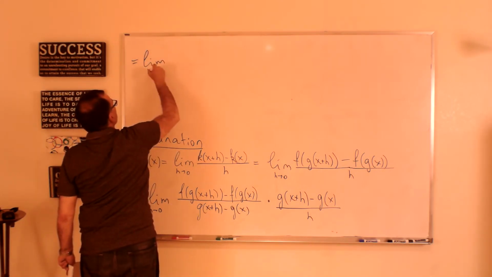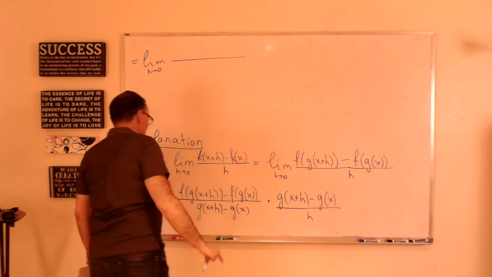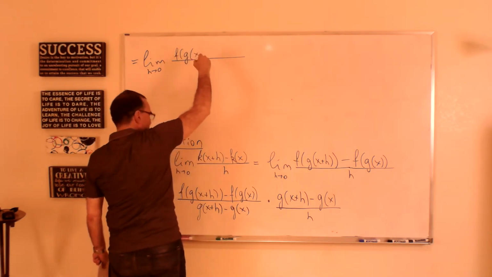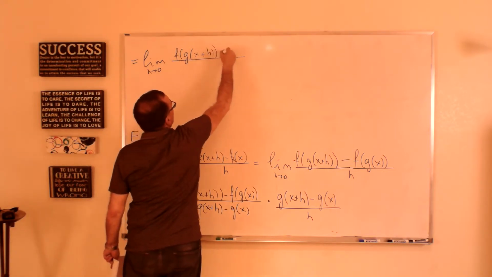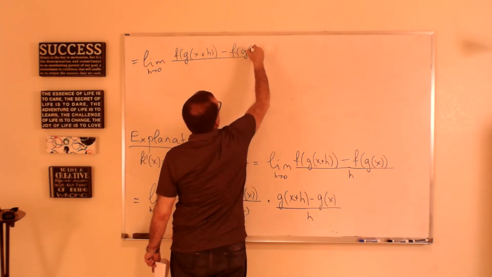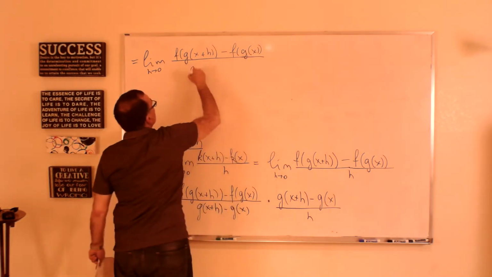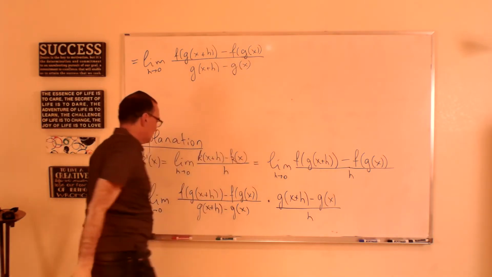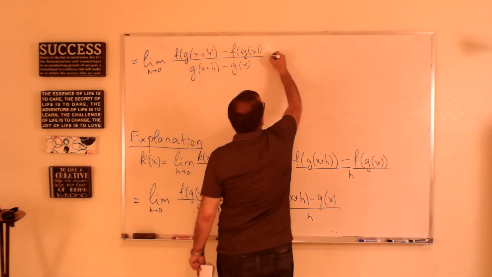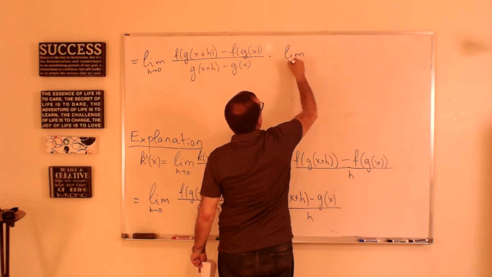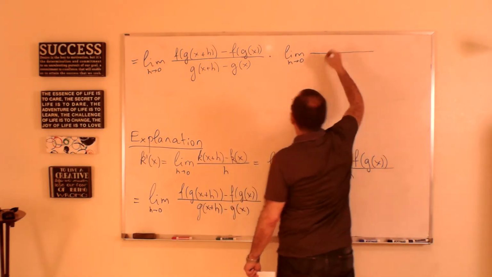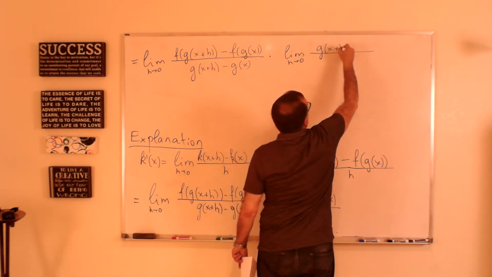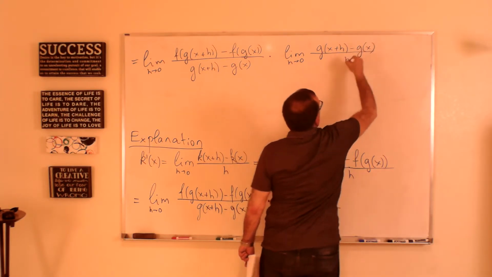The limit as h approaches 0 of f of g of x plus h minus f of g of x divided by g of x plus h minus g of x, times the limit as h approaches 0 of the quotient g of x plus h minus g of x divided by h.